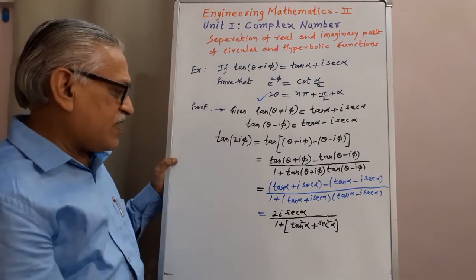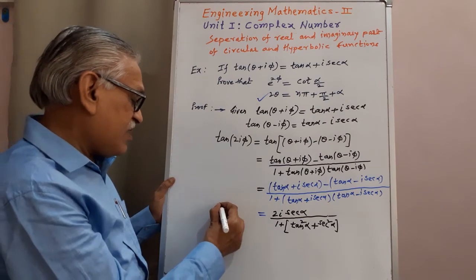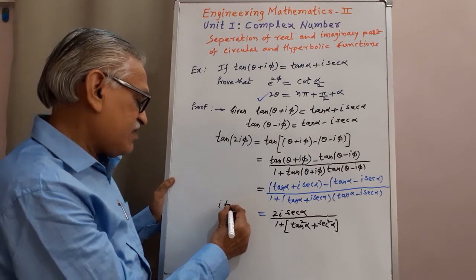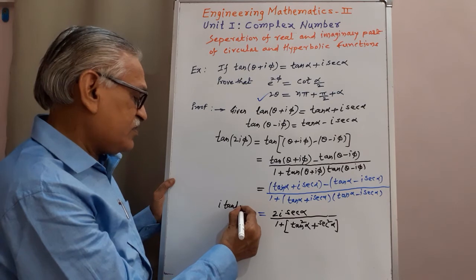And tan of i phi is i tan hyperbolic phi, so 2 i phi gives i tan hyperbolic 2 phi.